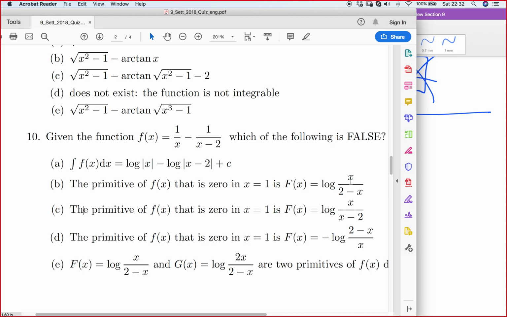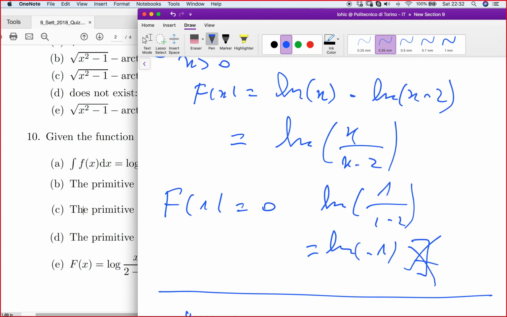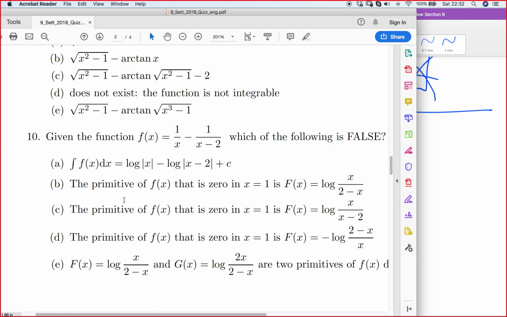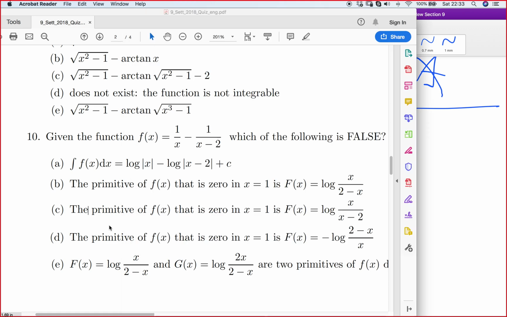Let's check. The simplest way to check it: I prefer to check if the derivative of B gives this function, right? If you try to do the derivative of the log of x over 2 minus x, it should give you this function.